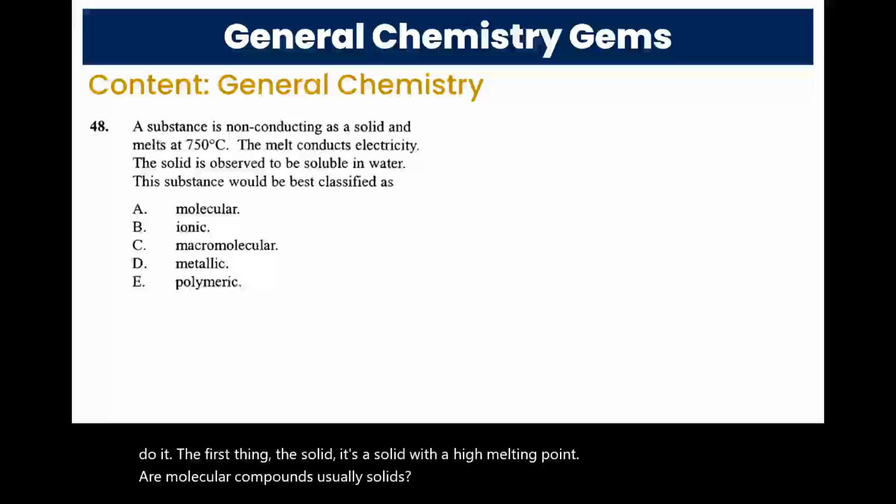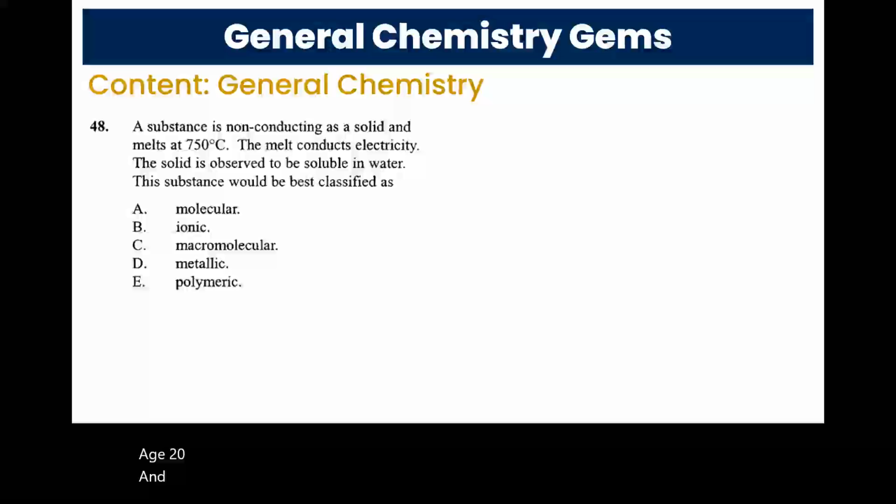O2, H2O, N2. Nah, they're not. Are ionic compounds usually solids? Sodium chloride, potassium chloride, magnesium chloride, sodium nitrate.